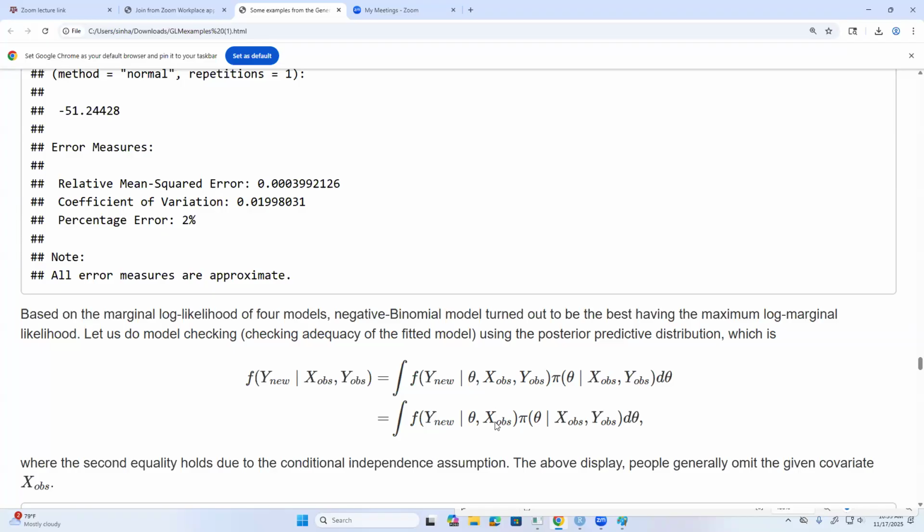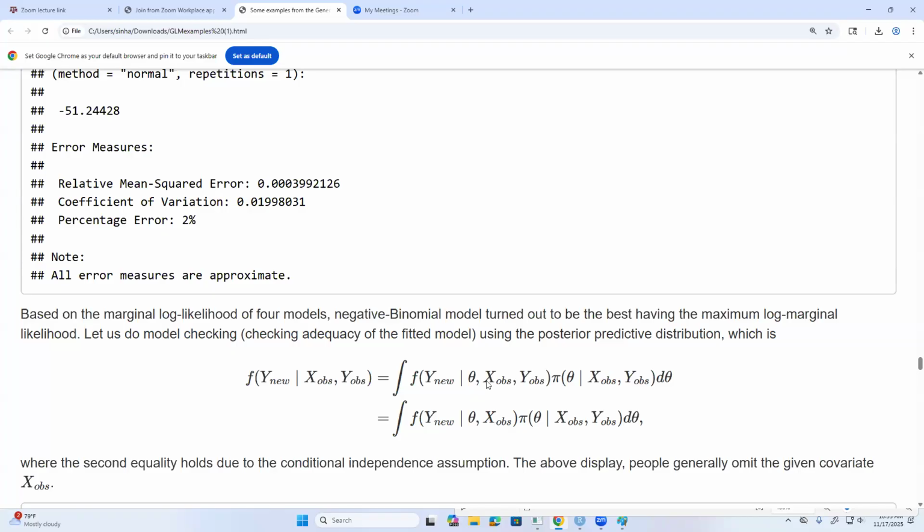One other thing is, y observed is the main random variable. X is the given value. Predictor variables are always given. So you can keep it, you remove it, does not matter, but main contribution is for the outcome variable, y observed.